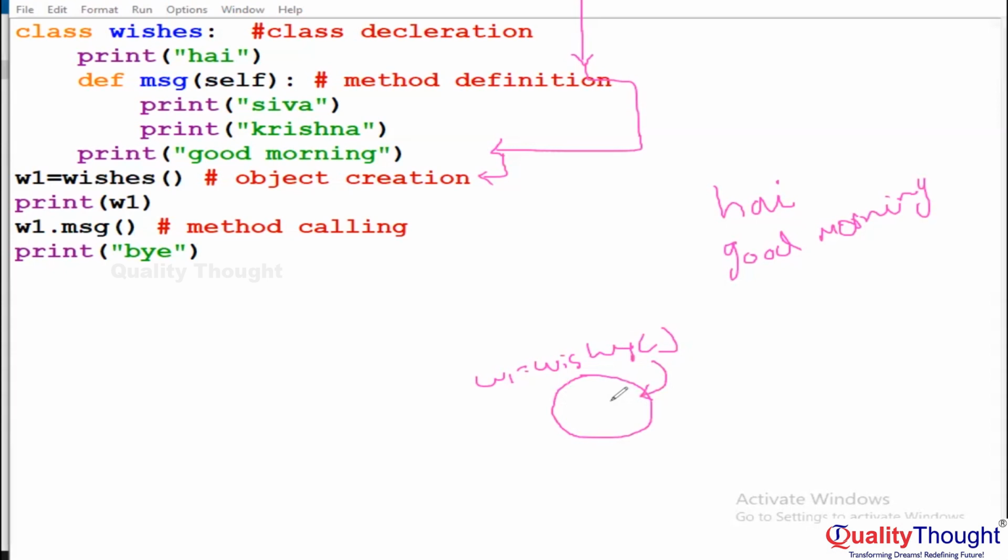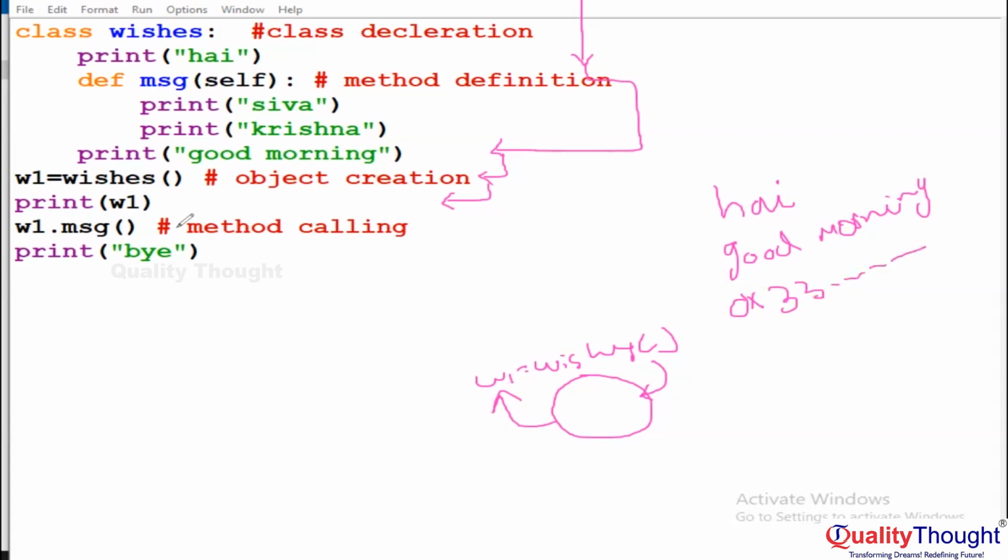Our Python virtual machine generates the hash code for this object. That hash code is passed to this reference variable. Print of W1. Control will go to the print of W1 statement. W1 is a reference variable which holds the hash code. Hash code in the sense hexadecimal format, 0x, some address.